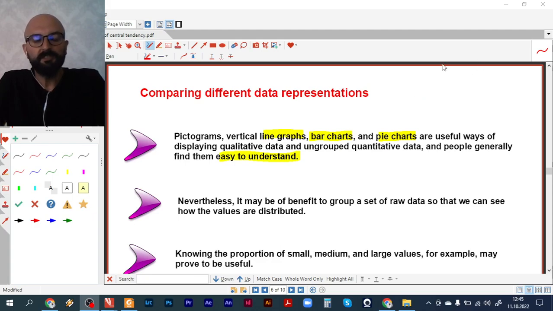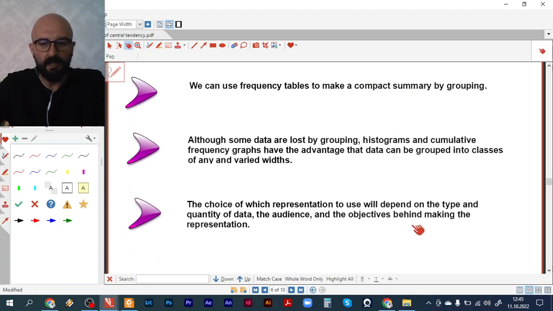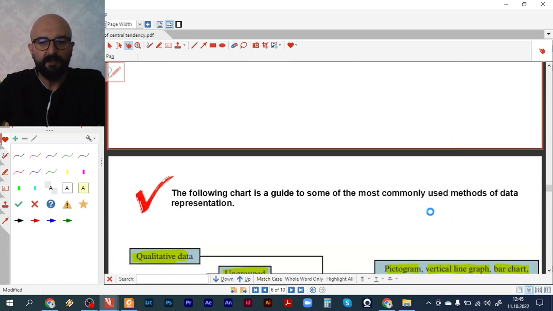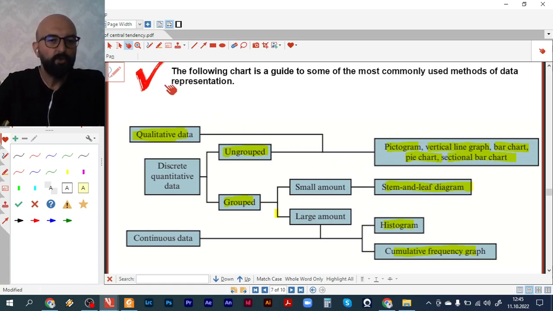If you remember, we stayed in this topic comparing different data representation, and we will go on from there. Now we solved some problems about comparing different data. If you remember, you have qualitative data.